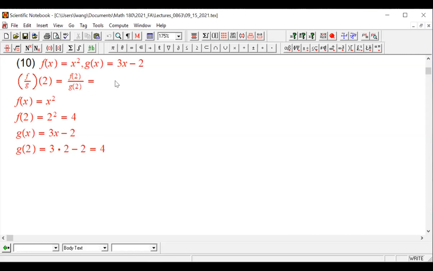For example, F of 2, I can just write as 2 squared, and over here, I can write 3 times 2 minus 2, and simplify. That's going to be 4 over 4 equals 1.